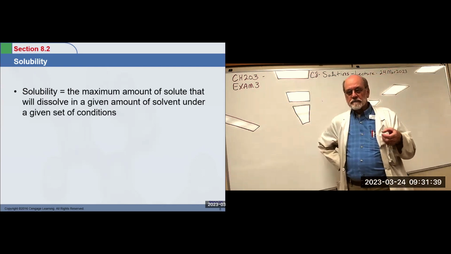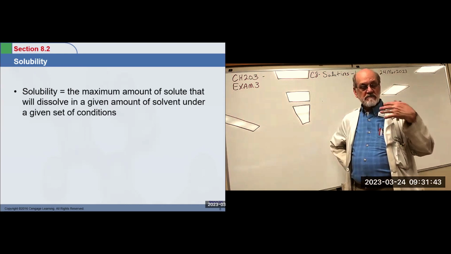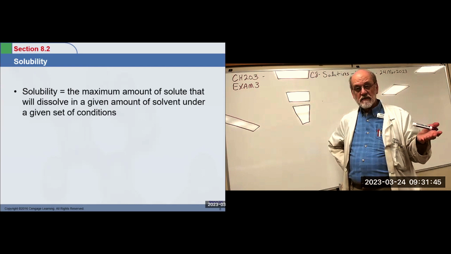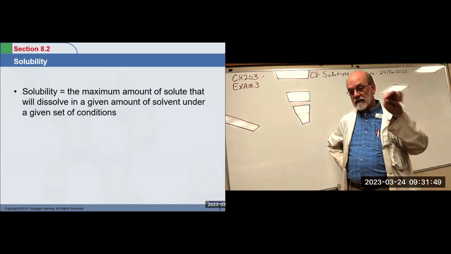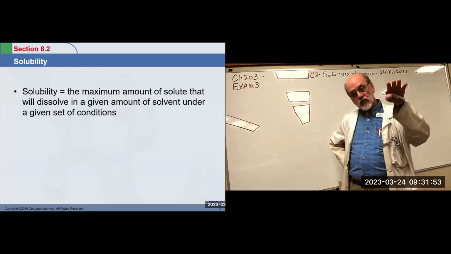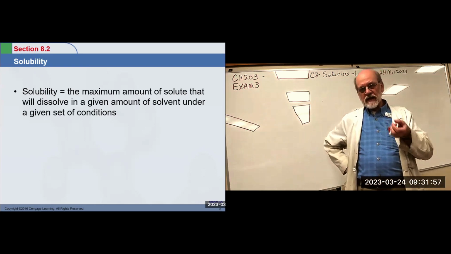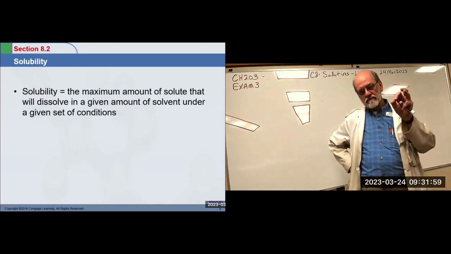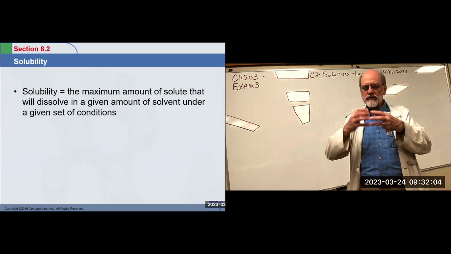For example, you can put so much sugar into solution at room temperature. If you heat it up, you can put more in. You can get more sugar into solution. Then if you let it cool and you give it some place to crystallize, like you drop a crystal of table sugar in there, it gives it something to hang on to.